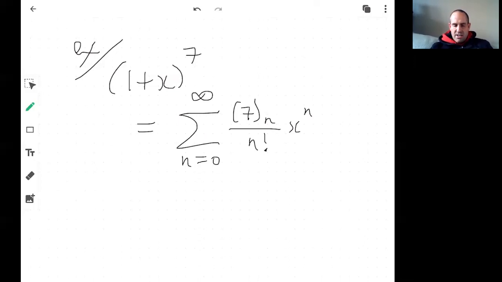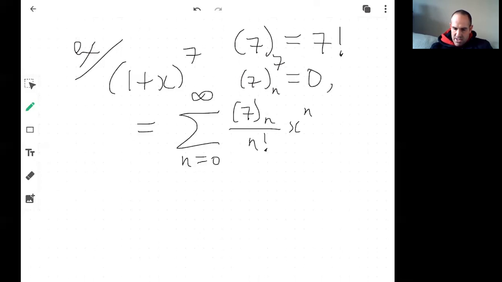Once I get up to 8, that thing is 0. What is 7 Pochhammer symbol sub 7? It would be 7 times 6 times 5 times 4 times 3 times 2 times 1. That's 7 factorial. But then 7 sub anything, 7 sub n, is equal to 0 if n is beyond 7. If n is beyond 7, you just get 0 from that point on.